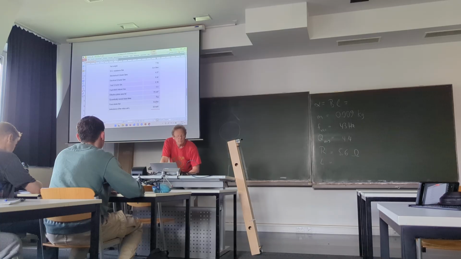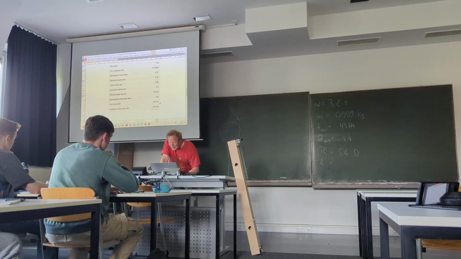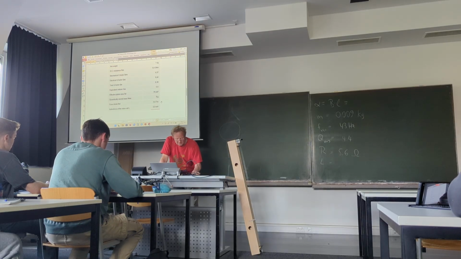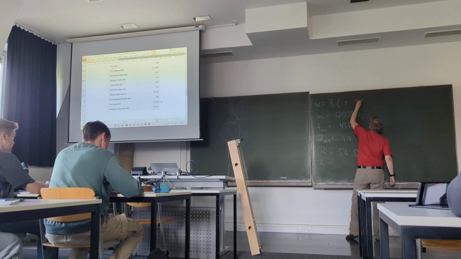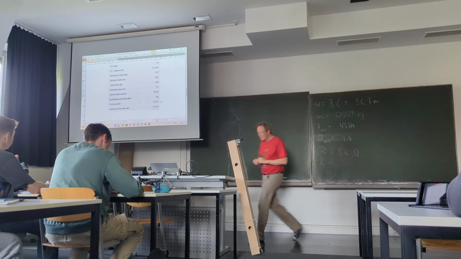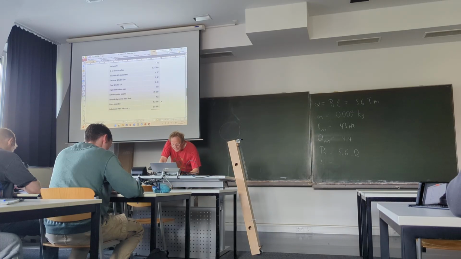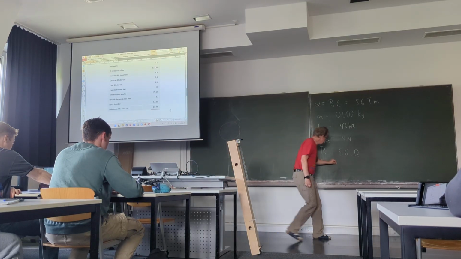So this is probably the product, Tesla times meter, and that's the unit we need. And it's 5.6 Tesla times meter. Okay, and the last one is the inductance of the coil, 0.9 millihenries. So that's the last value.